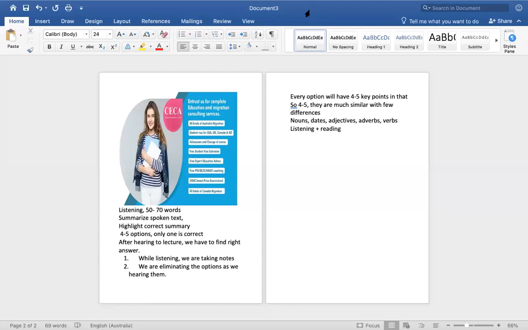Here I'll just show you one, highlight correct summary. This is just to give you an example of the question. These are not one-word options, definitely not one words.